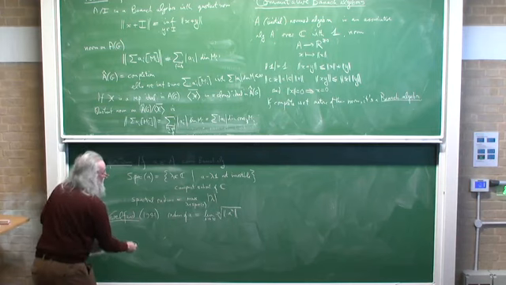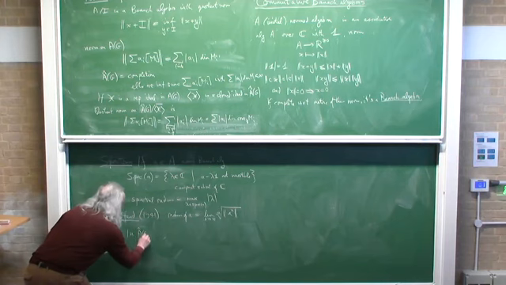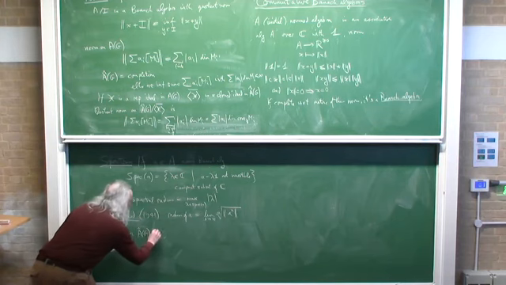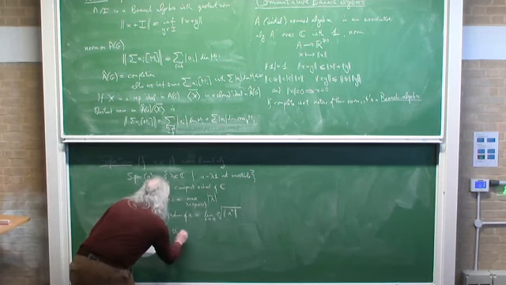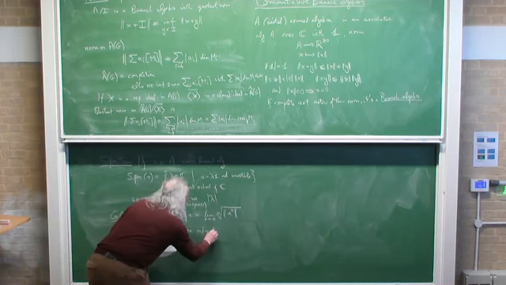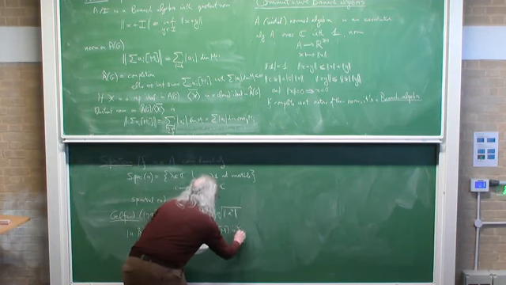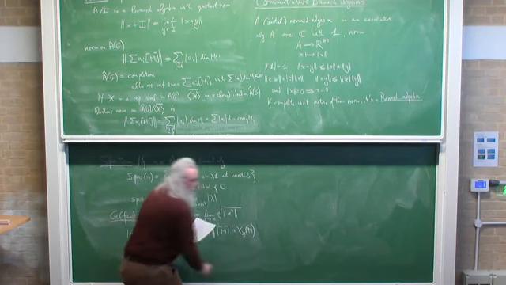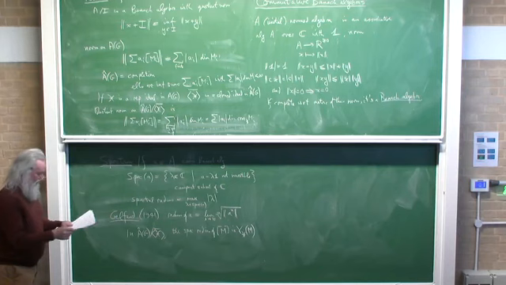So the upshot of that is that in A hat of G modulo this closure of X, the spectral radius of a module M is gamma sub X of M. That's obvious from what we've said so far.